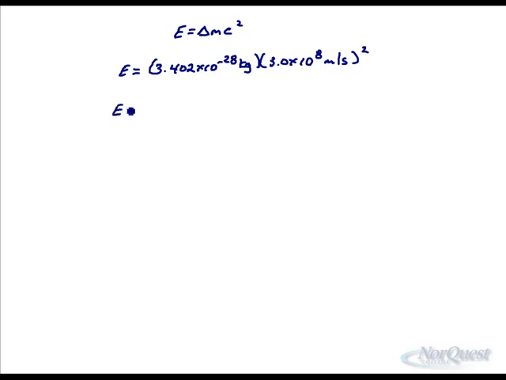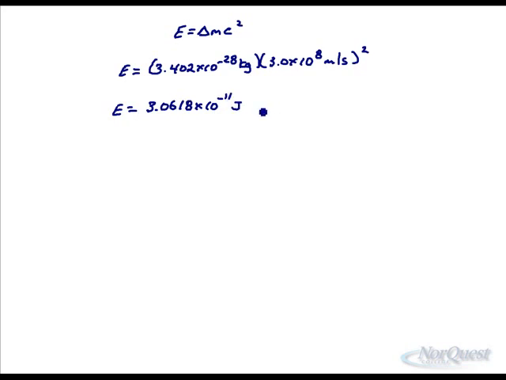We'll figure out how much energy this is. Times 3 to the exponent 8 should give you energy of 3.0618 times 10 to the negative 11 joules.